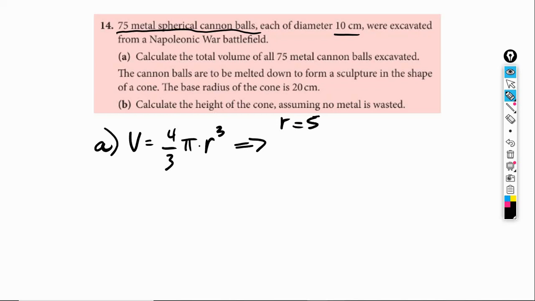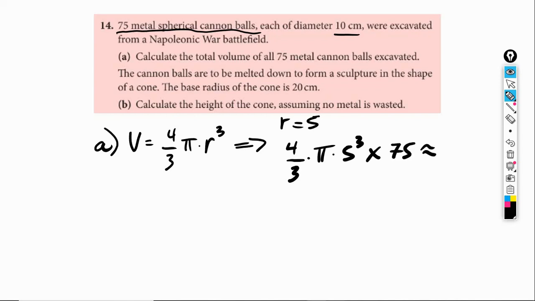So for one cannonball, the volume would be 4/3 times pi times 5 cubed. But they want us to find the total volume of all the cannonballs. So this times the amount of balls, which is 75.